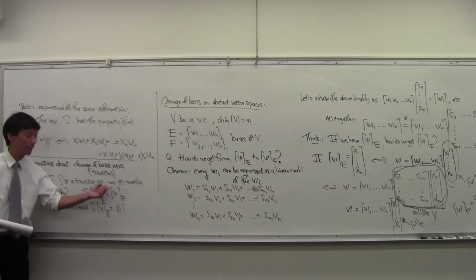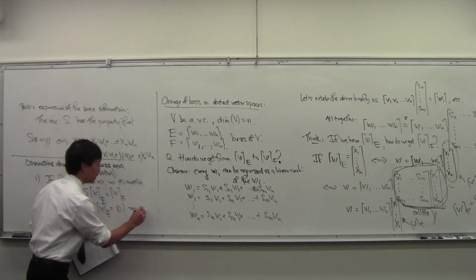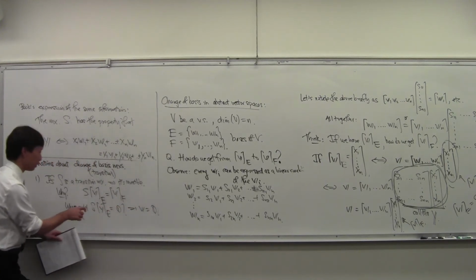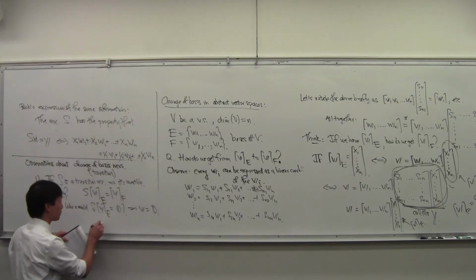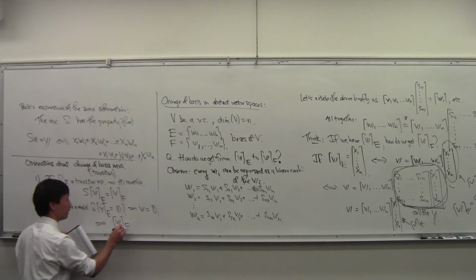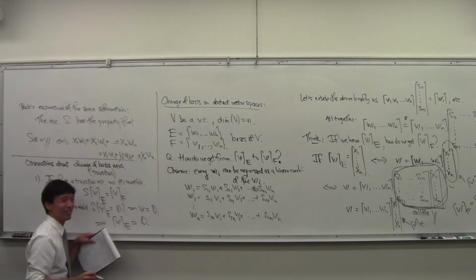Because v is going to be 0 of the first guy plus 0 of the second one, and so on. That tells you that v is the zero vector. But if v is the zero vector, then the coordinate vector of v with respect to E is what? The zero vector, right?